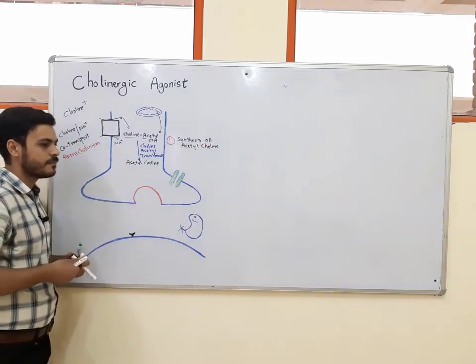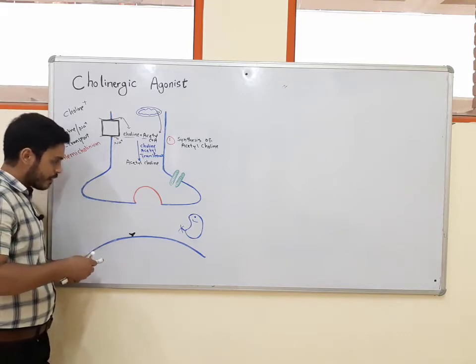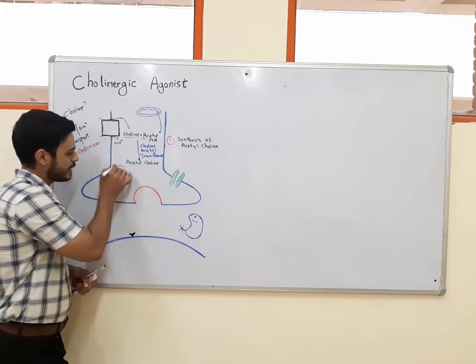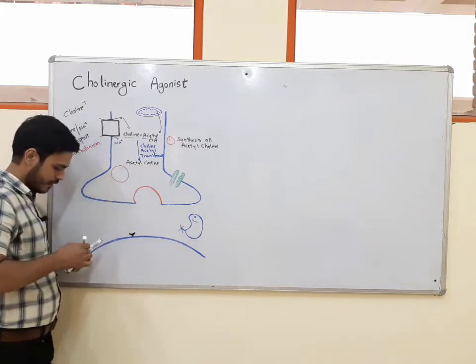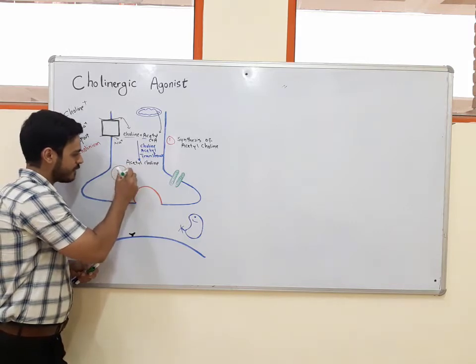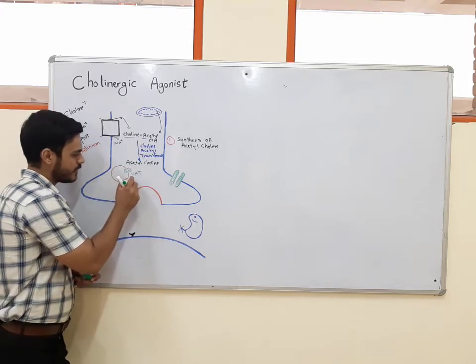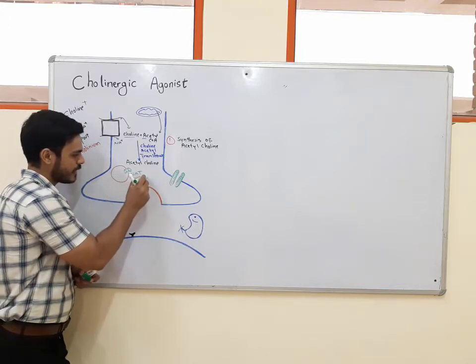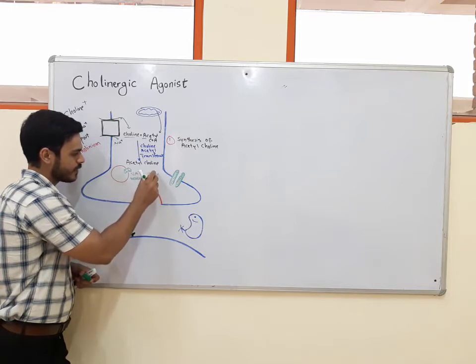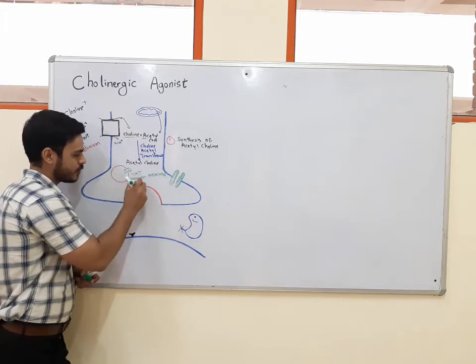The second step of neurotransmission of cholinergic fibers: we have vesicles in the nerve terminal. In the cell membrane of the vesicles, we have a transporter which is VAT. VAT is the vesicular associated transporter.